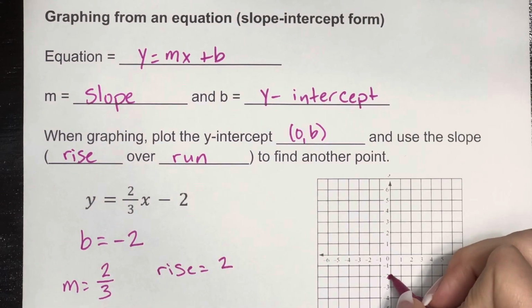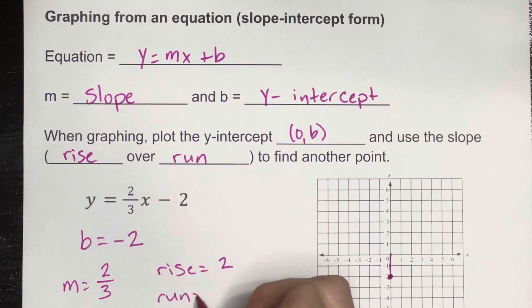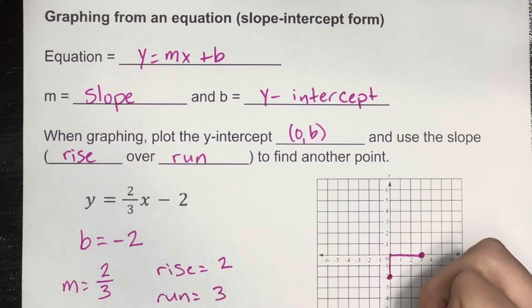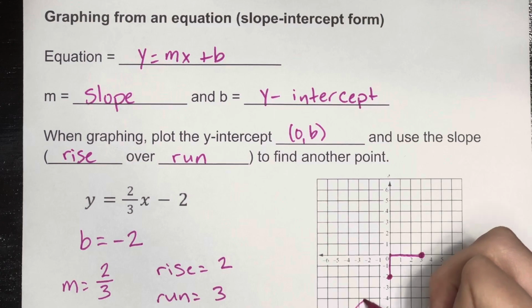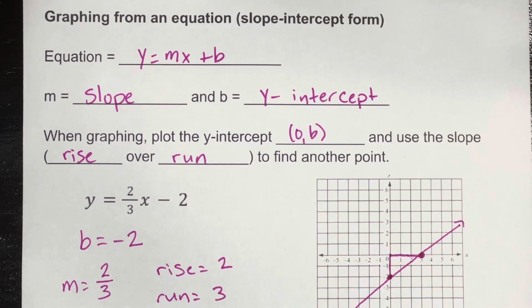So we're going to go up 2. Our run is 3, so we're going to go forward 3. That's our second point. Then you could use a protractor or any straight line maker. I don't have one handy, to connect our dots. And there is our line.